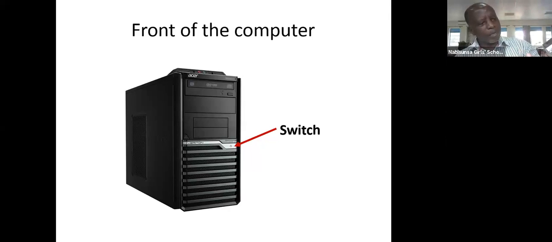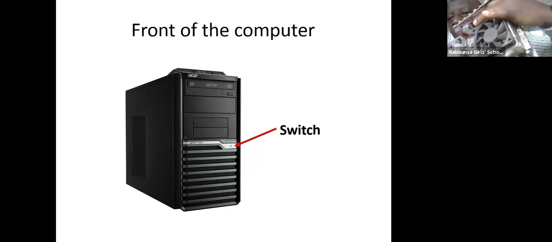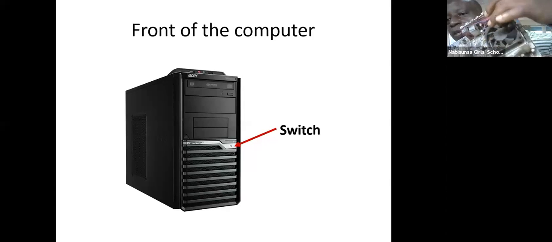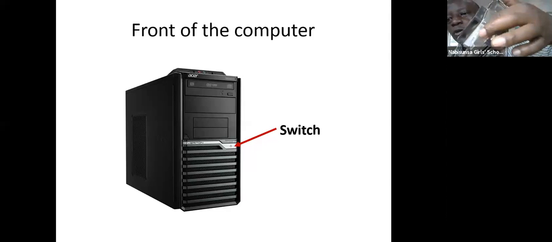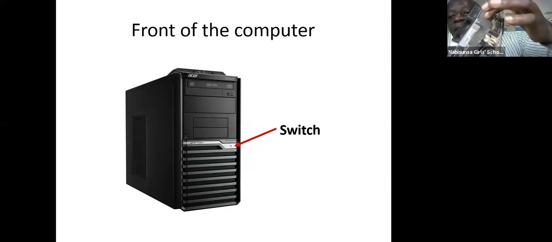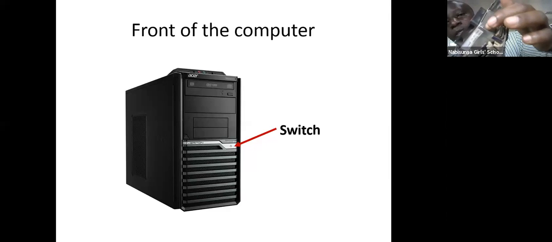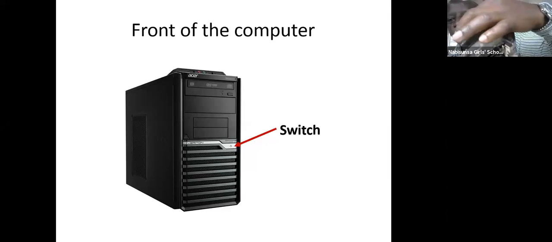Someone asked about the central processing unit, and you are able to see this fan here, and below the fan we have what we call a sink. This sink is used to absorb heat from the CPU, which is under here, and then the fan cools it.